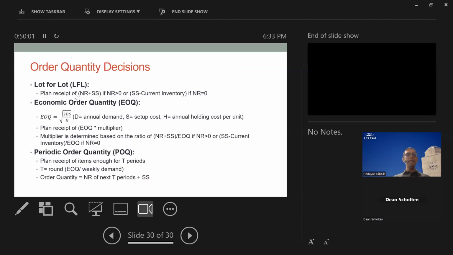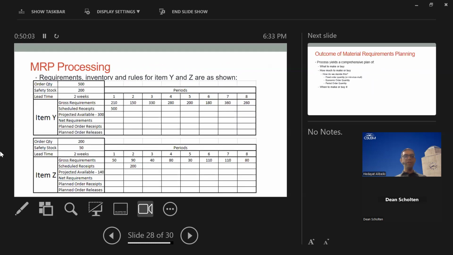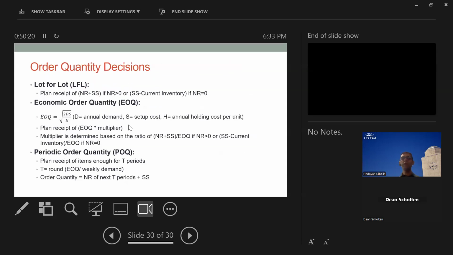In terms of lot sizing, there is this row, planned order receipts. When you want to plan for the receipt of items, if you need 80 units at some point, you need to check your ordering policy. Ordering policy sometimes is dictated by the supplier.